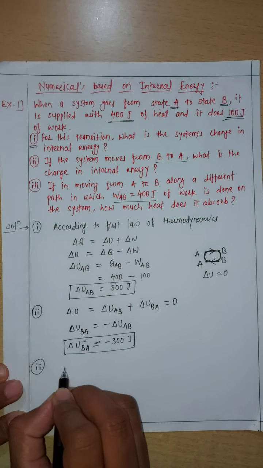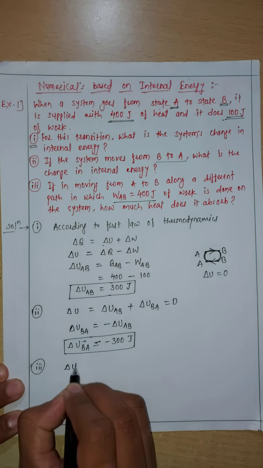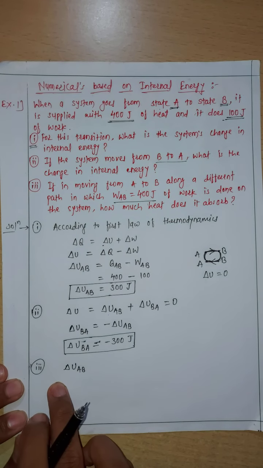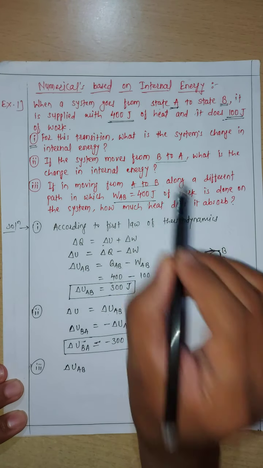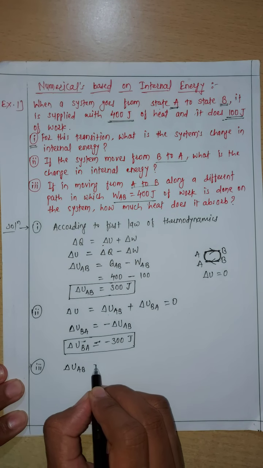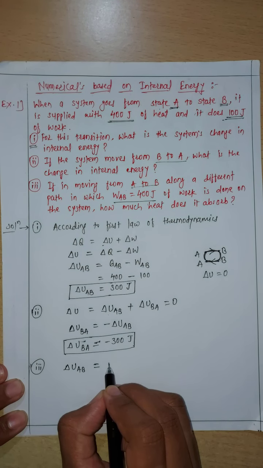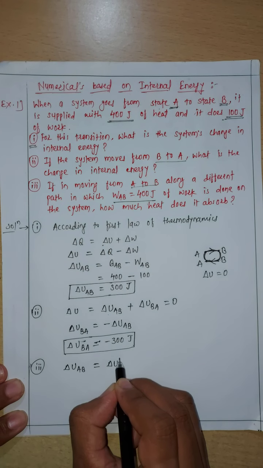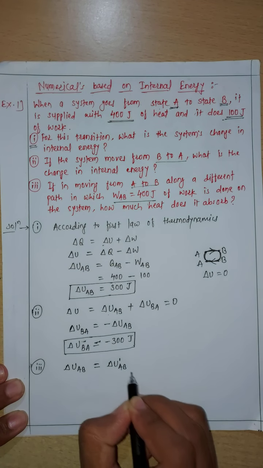So that's why we can get the formula as delta UAB. Delta UAB means it moves from A to B. So the change in internal energy moving from A to B must be equal to, suppose we take another energy, that is U dash AB.